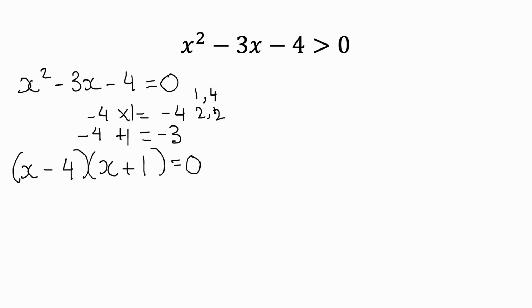From here, we need to work out what the x values could be. In order for these two to multiply to make 0, one of the numbers in the brackets needs to be 0. So x minus 4 needs to be 0, or x plus 1 needs to be 0. If x minus 4 equals 0, then x has to equal 4, because we add 4 to both sides.